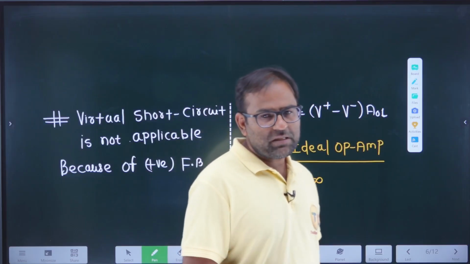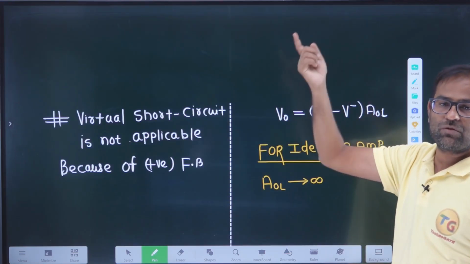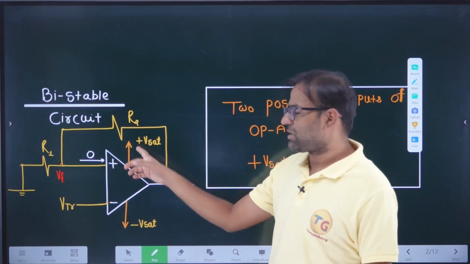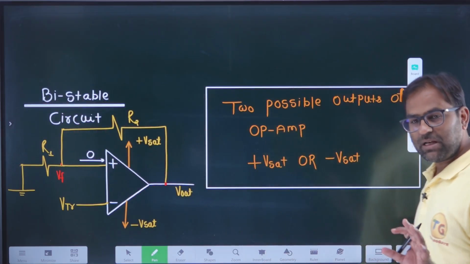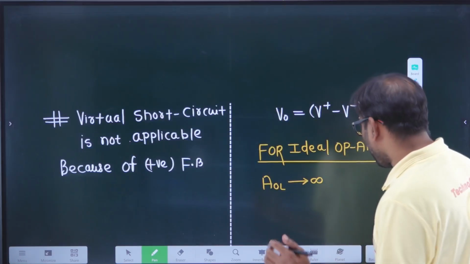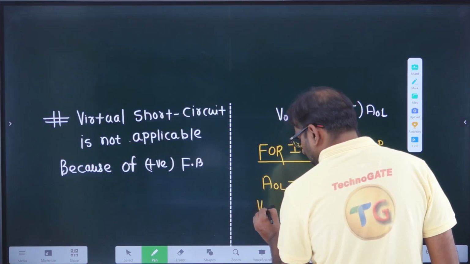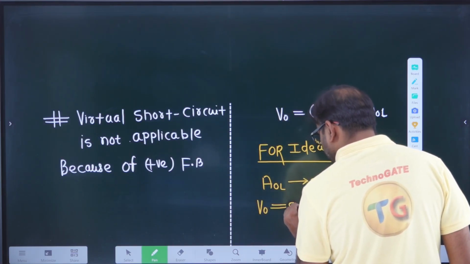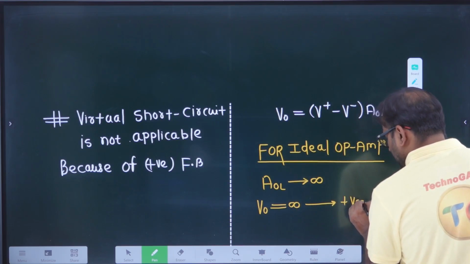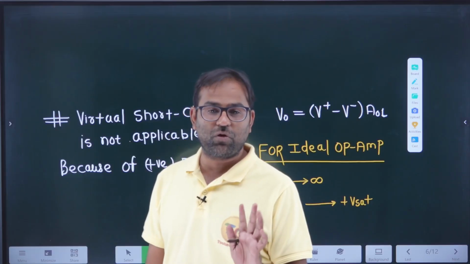This is the story. If open loop gain is infinite, then whenever this potential difference is positive, it gives you plus infinite. And what is the meaning of plus infinite? Plus infinite means plus V saturation, and minus infinite means minus V saturation. This is always true for any op-amp: whenever the op-amp formula says the output is infinite, they are talking about plus V saturation, because plus V saturation is the highest voltage available at the output of the op-amp.